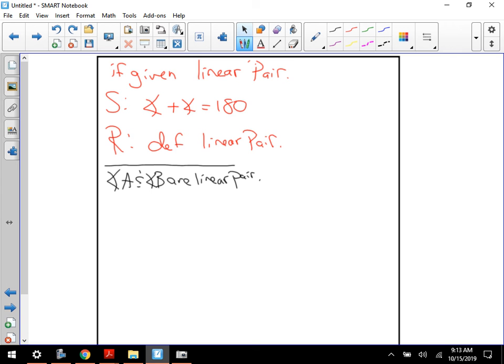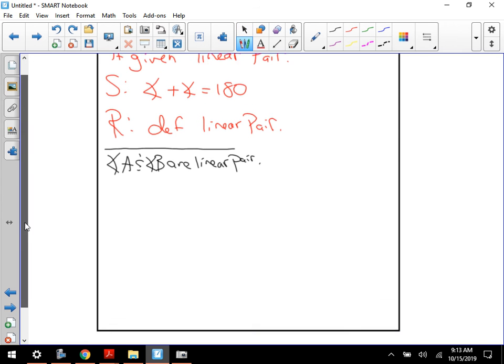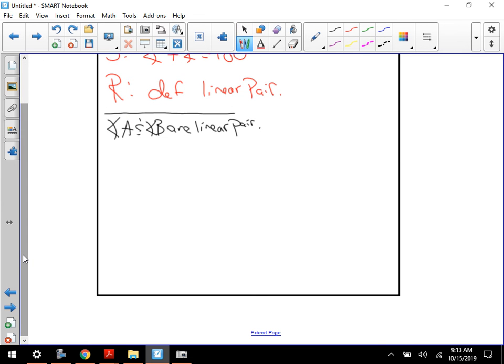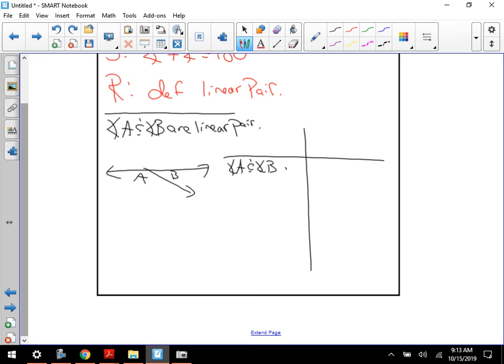So if I say angles A and B form a linear pair, then what I can go with right away would be that angle A, angle B are a linear pair.